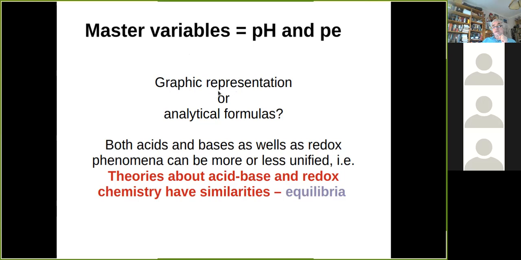Is it with a graphic representation, or we could of course also use analytical formulas, and we will use both. But I think it's good with a graphic representation because you get the overview. Analytical formulas are good when you need a certain value, and if you're not satisfied with, say, an approximate value, correct within an order of magnitude or so.